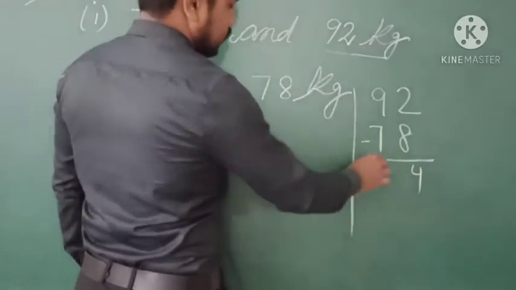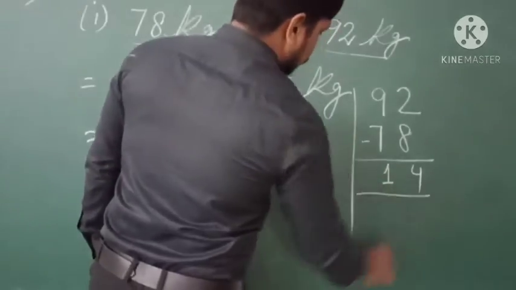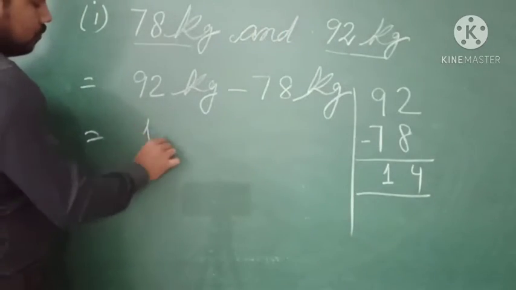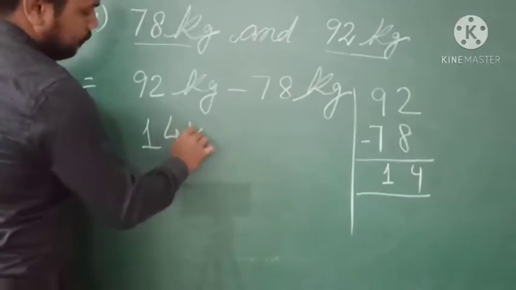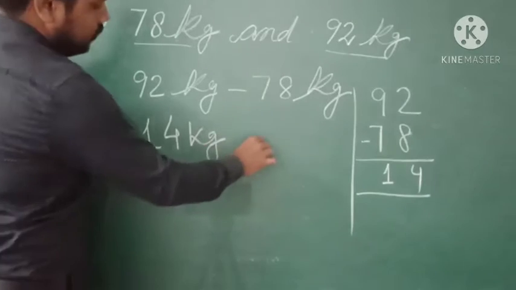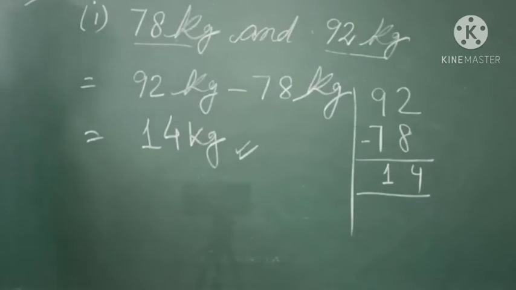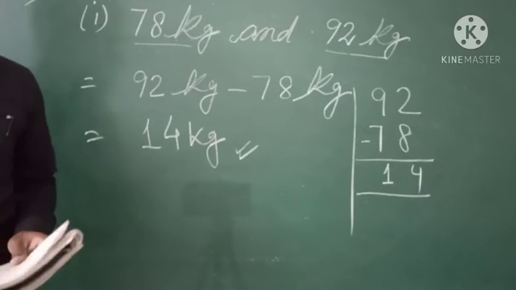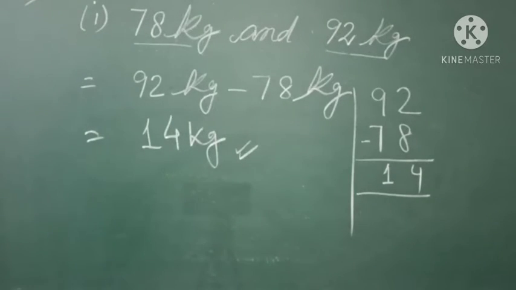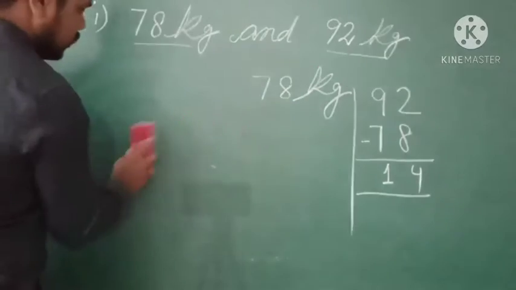This will be 8, so 7 plus 1 is 8. 14. That means 14 kilogram will be the difference of the first one. In the same way you can find the difference of the rest of all the questions also.